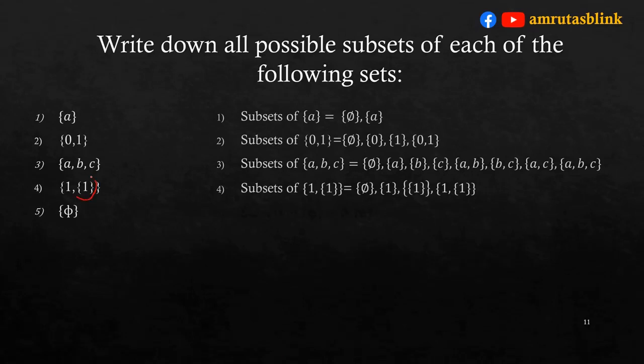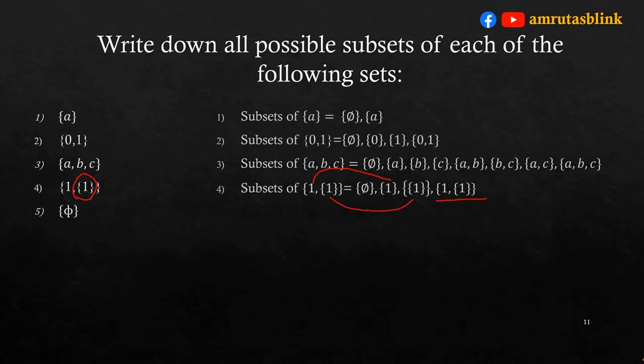So this set {1} is treated as an element of the given set. So again, as usual, first subset should be the empty set. Then this one will come here, then this one will again come here in the curly bracket, and the given set as it is.